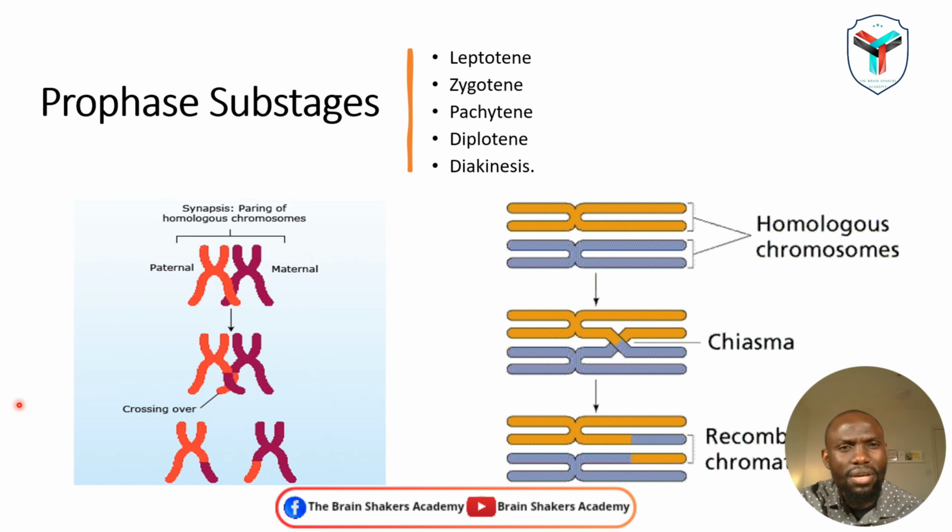Now, these synapses that are formed are important for genetic recombination, which contributes to the diversification of the gene pools that you find in the resulting cells. And at this point, the genetic information would have been exchanged between those sister chromatids that are fused.